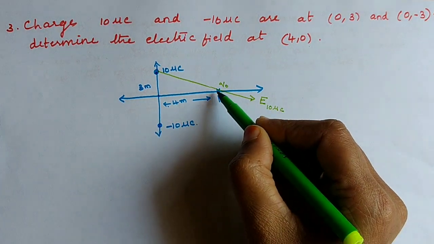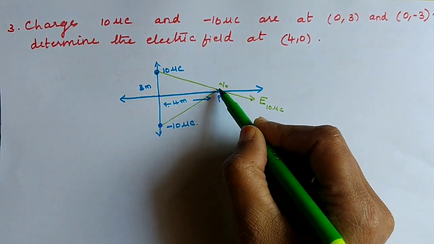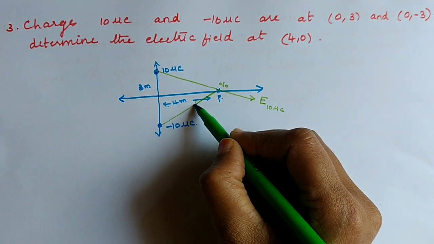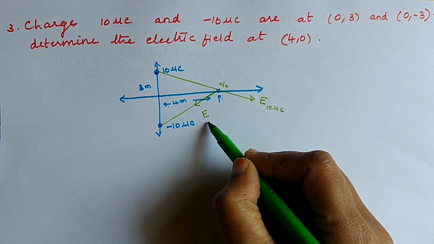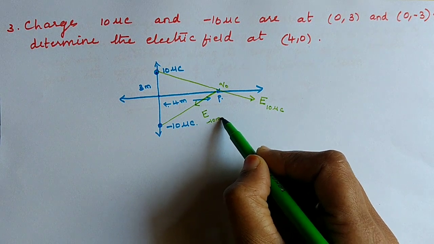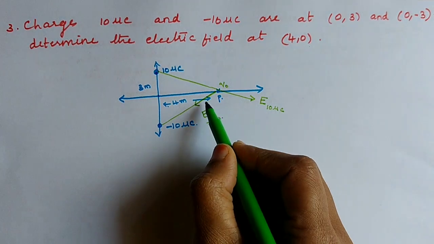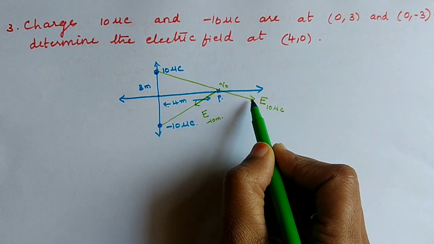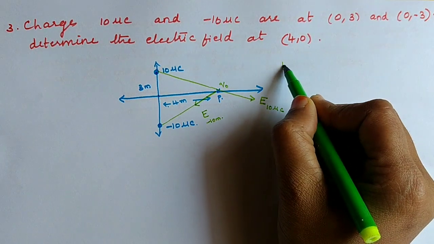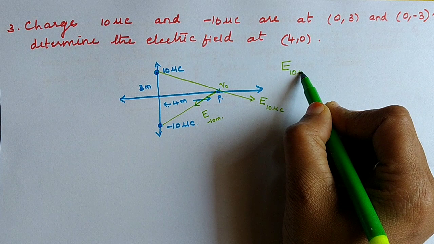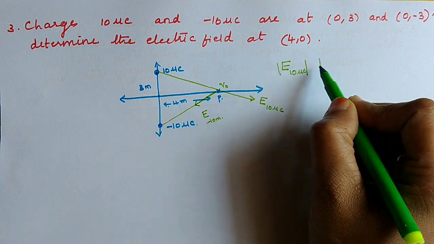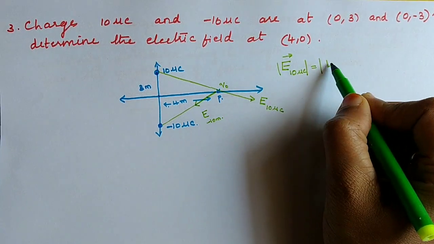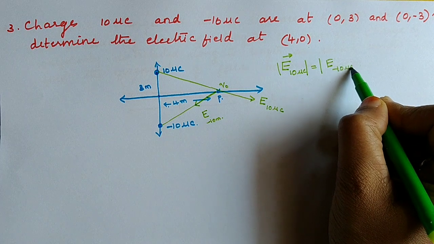But due to minus 10 microcoulomb, this charge would be attracted. So this is the field due to minus 10 microcoulomb. And now we have two fields, both are equal in magnitude. I will write the magnitude here. Field due to 10 microcoulomb or due to minus 10 microcoulomb, both are equidistant.